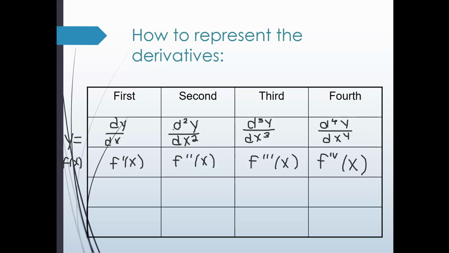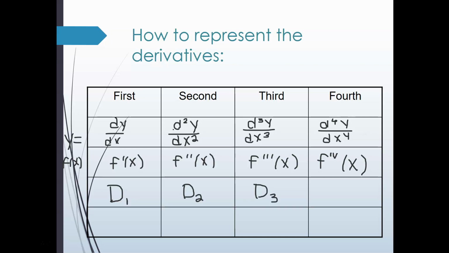That's similar to if you were using the variable y. So if you wrote y prime, it would also be y double prime, y triple prime, and then y IV. Sometimes you see it with a capital letter D and then a subscript 1 and then a 2.